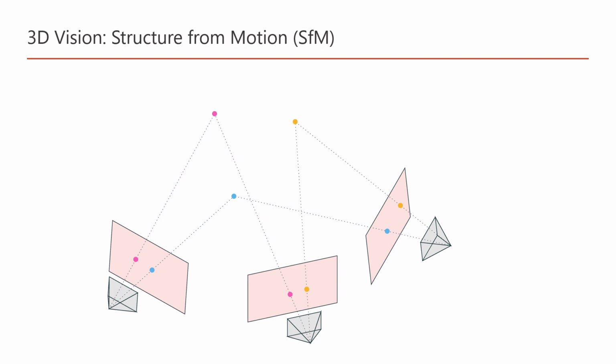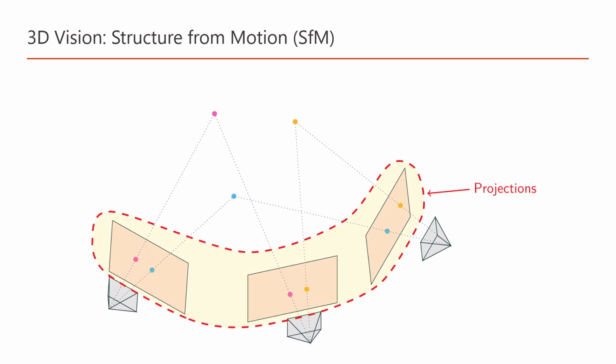Now, in order to explain what the problem that is of primary interest for me, called structure from motion, is all about, let's focus a little bit more on this picture here. So what do we see in this picture? To start with, we have these projected points, 2D points in each respective image.